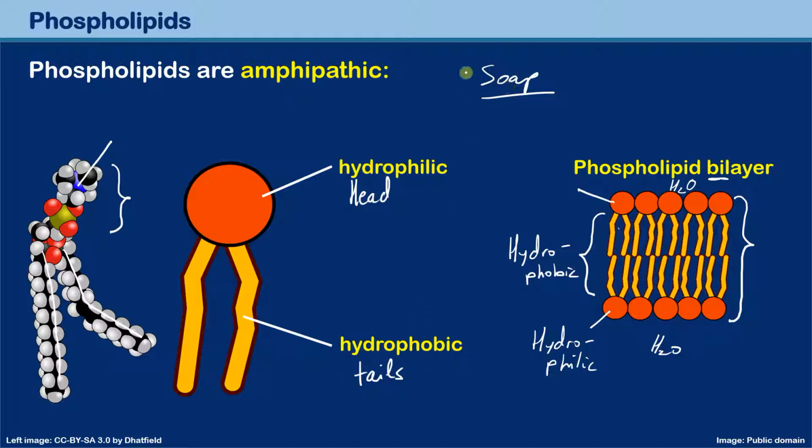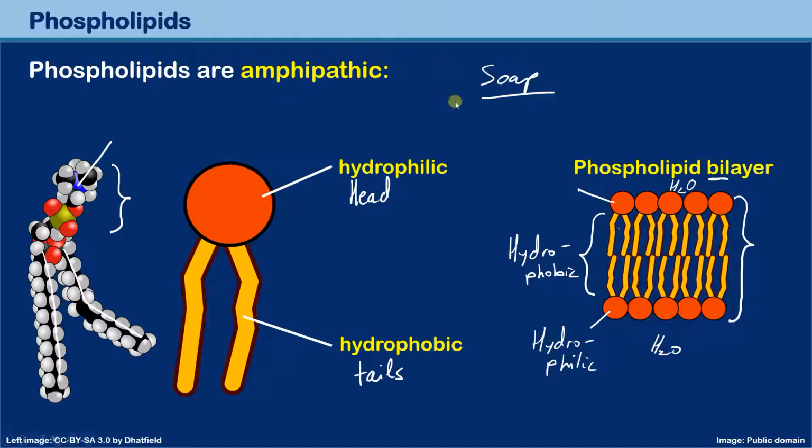So soap is very amphipathic, and if you really want a real life connection to phospholipids, think of soap bubbles. Soap bubbles are very thin, and you can imagine that soap bubbles are actually very similar to membrane structures.